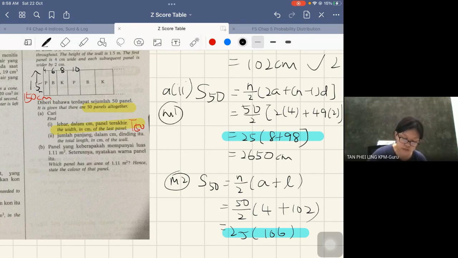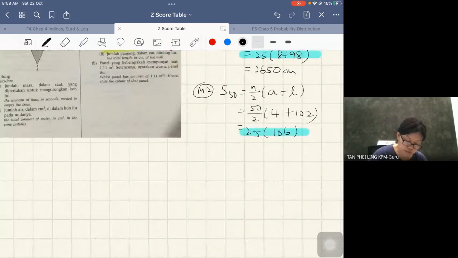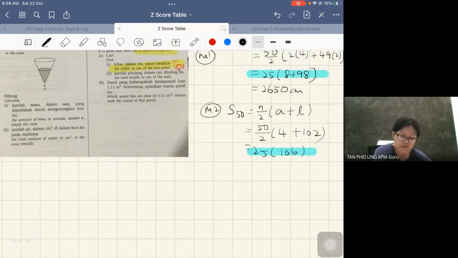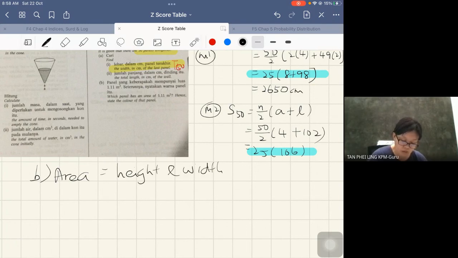Let's move on to the last one. Now they ask you, which panel has an area of 1.11? So here in part B, they require you to know area is actually your height times your width. So bear in mind 1.11 meter square, so everything has to change to meter square.